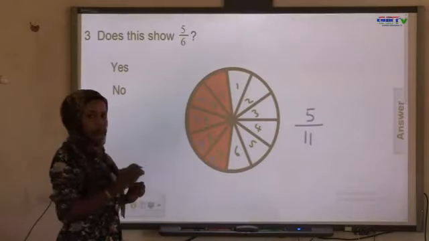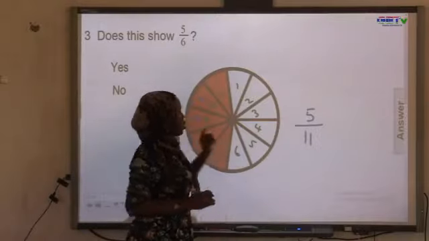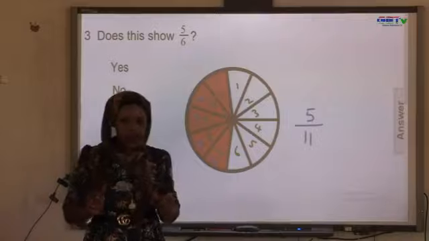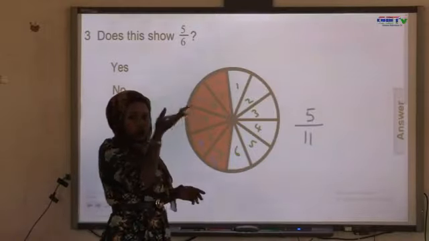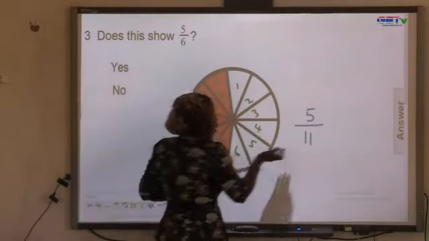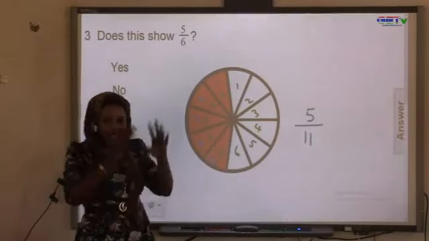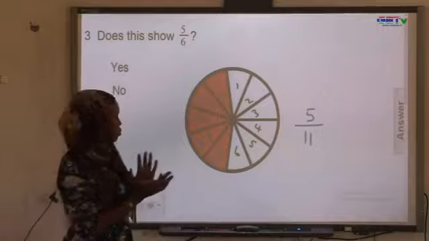And I repeat, 5 is the parts that are colored in red, which is the numerator, and the denominator is the total number of parts in the chart, and that is 11.